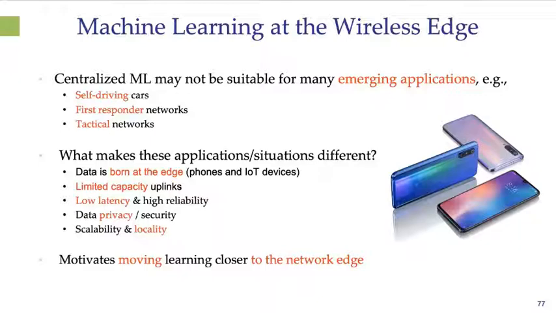I'll say more about that later. And then also the applications may involve the locality where the end user devices are. And so it's not necessary to think about uploading data from a broad network into the cloud in order to build models. So these kinds of considerations motivate moving learning closer to the network edge.